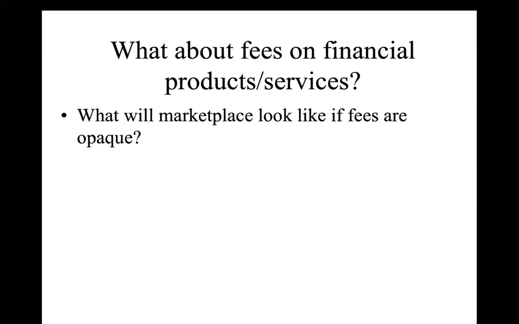And so we'll see less resource allocation go towards those things. Where resources are allocated in the presence of opaque fees, we'll see that producers are most likely operating in a situation where they are taking advantage of consumers, right?